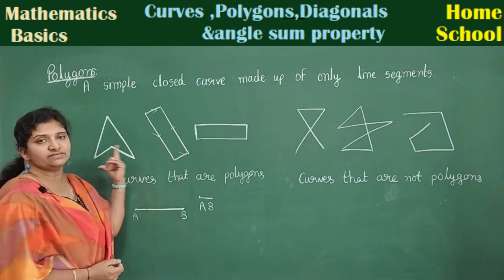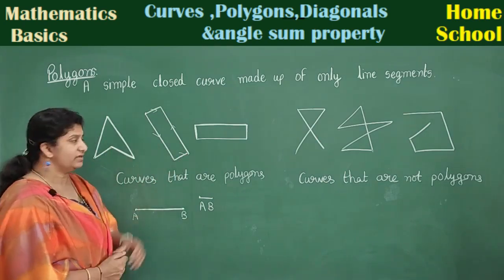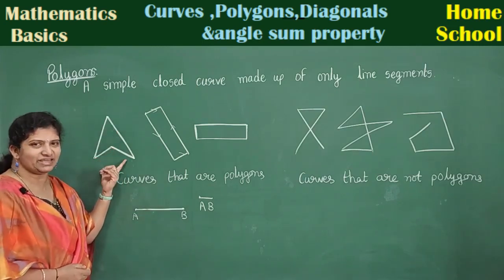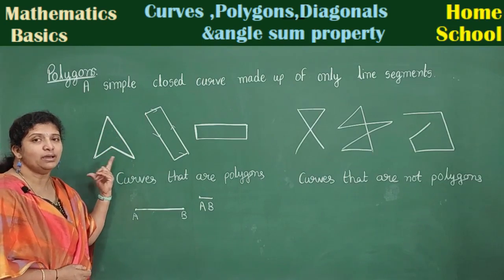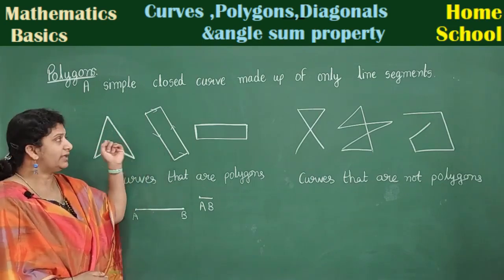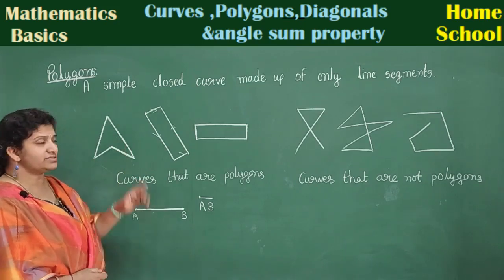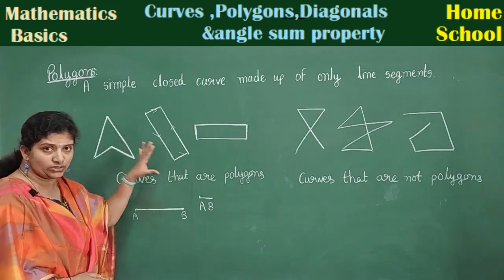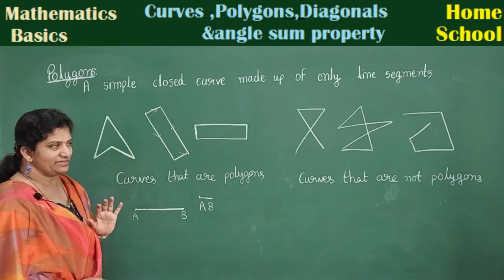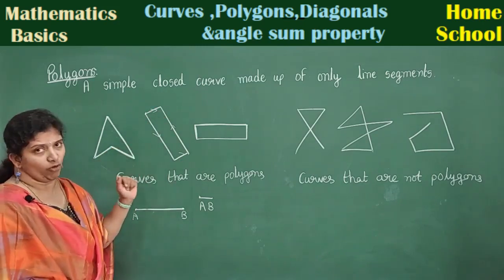What is this? Curves that are polygons. This simple closed curve is made up of only line segments, so it is a polygon. And this one also, as I have said, it can move in any two directions, and this is also a simple closed curve made up of line segments. It is also a polygon.